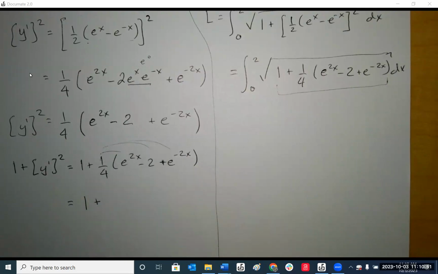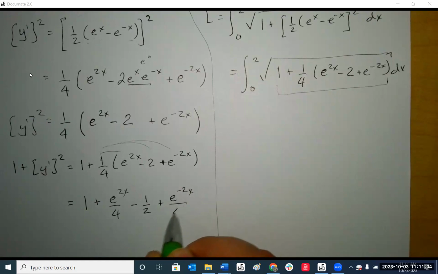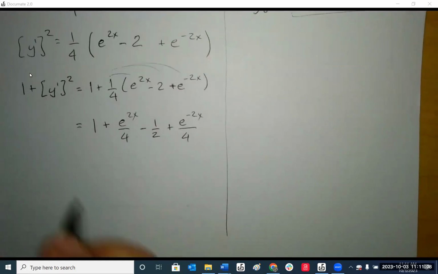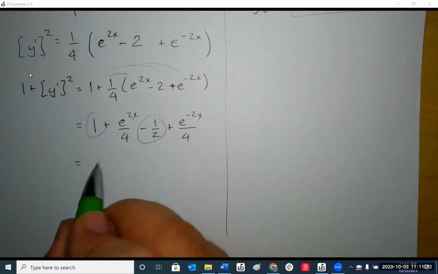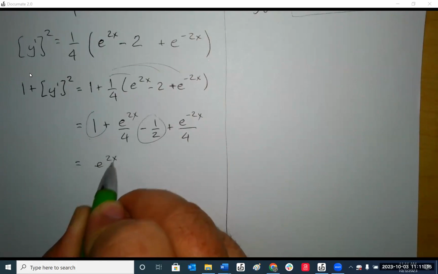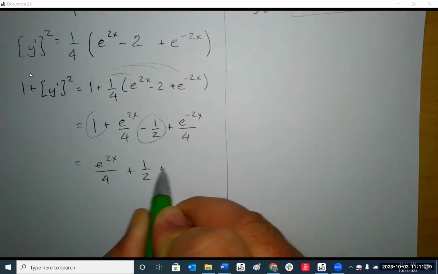Distribute: e to 2x over 4 minus 1/2, e negative 2x over 4. Combine like terms, 1 minus 1/2, so I have e 2x over 4 plus 1/2.